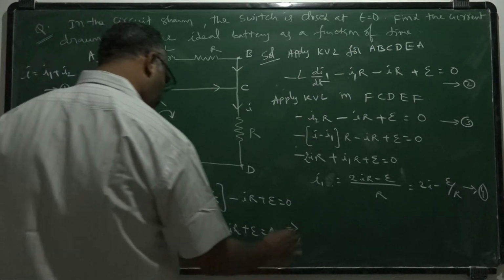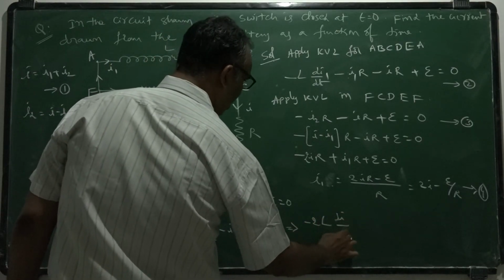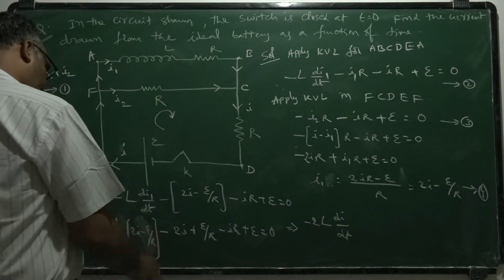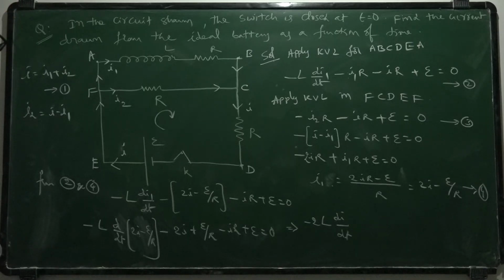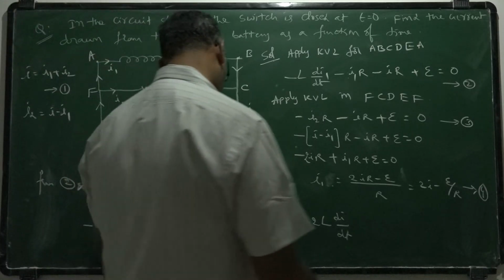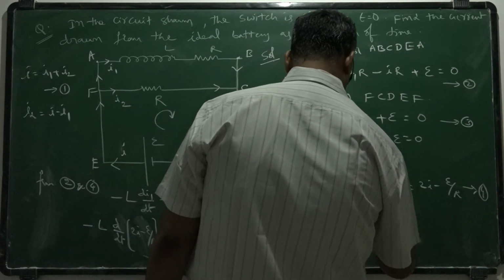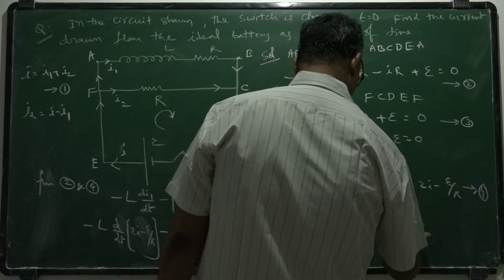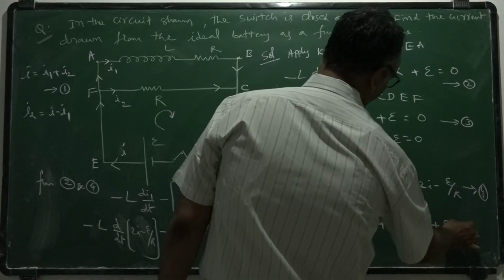So minus 2L into di by dt is the first term. E by R is a constant. Derivative of a constant is 0, so that term will go. The second term is minus 2I plus E by R, minus IR plus E is equal to 0.